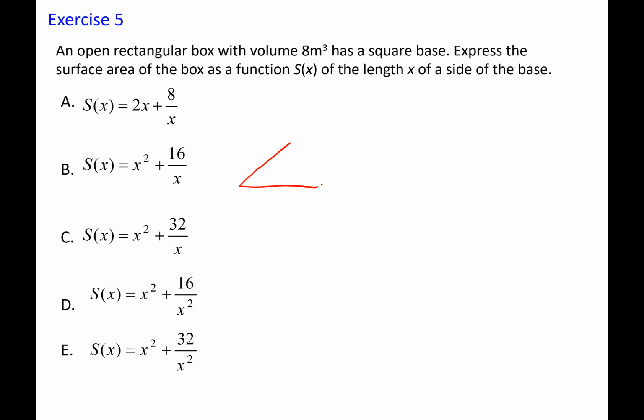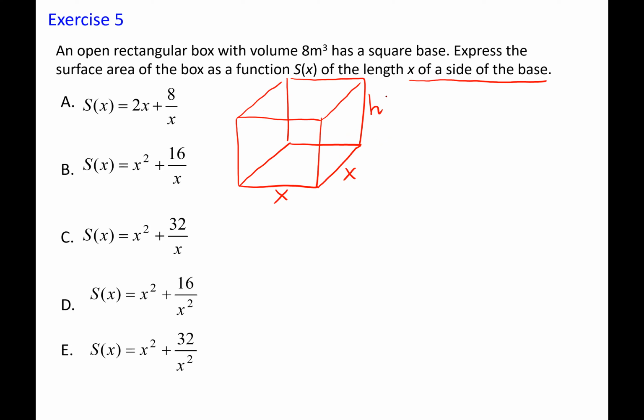That's the square base, and this is the height. Oh, that looks like a cube. I didn't want that, but okay, I can put x and x as the sides of the base, and I will put h for the height, which is a little bit longer or shorter than the base.